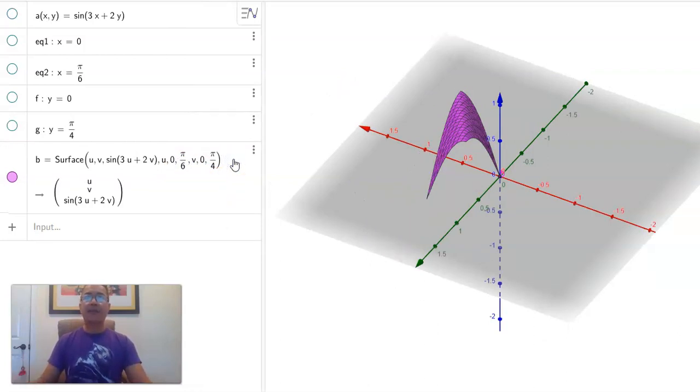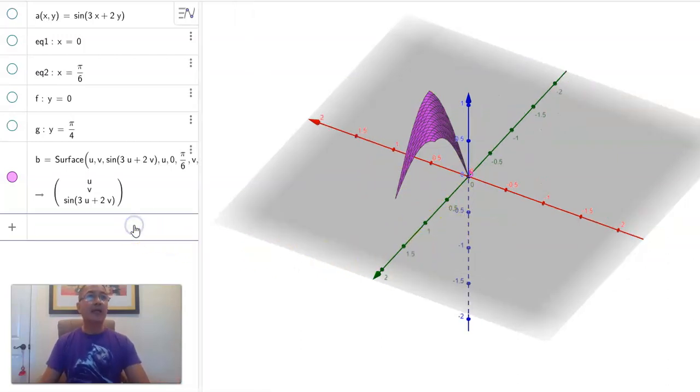Now, to think of it as a volume, we really should have walls, 4 walls representing the 4 sides of this diagram. One way to do that is to make surfaces.